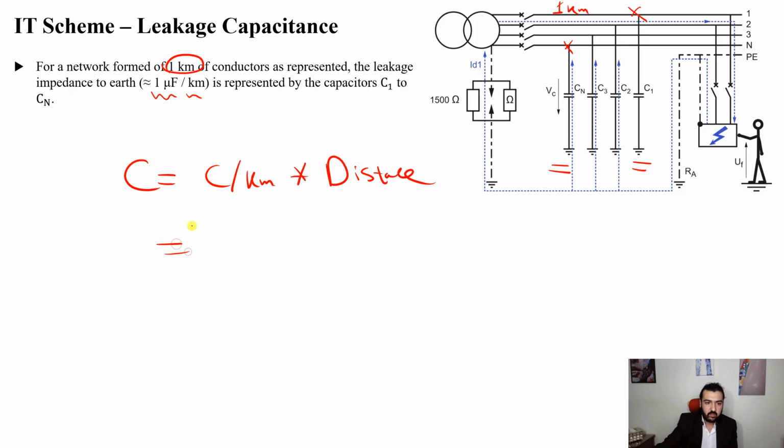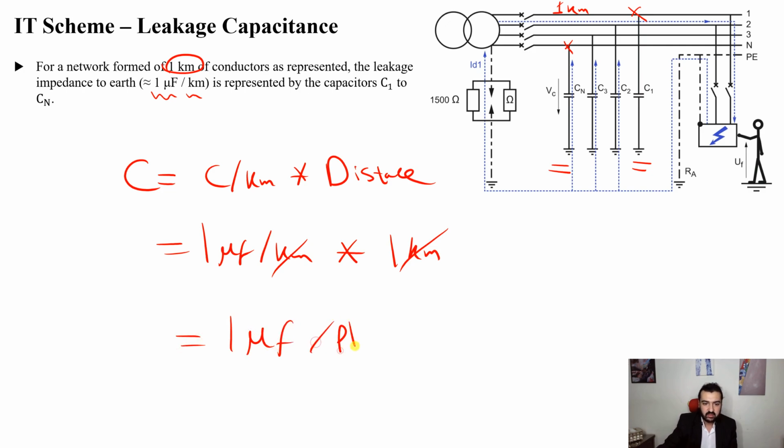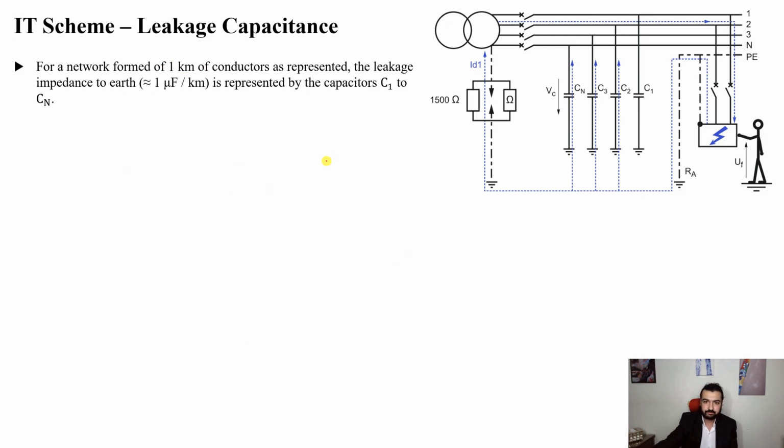So it will be 1 microfarad per kilometer multiplied by 1 kilometer, leading to 1 microfarad per phase, including of course the neutral. So each one of these capacitances is 1 microfarad.